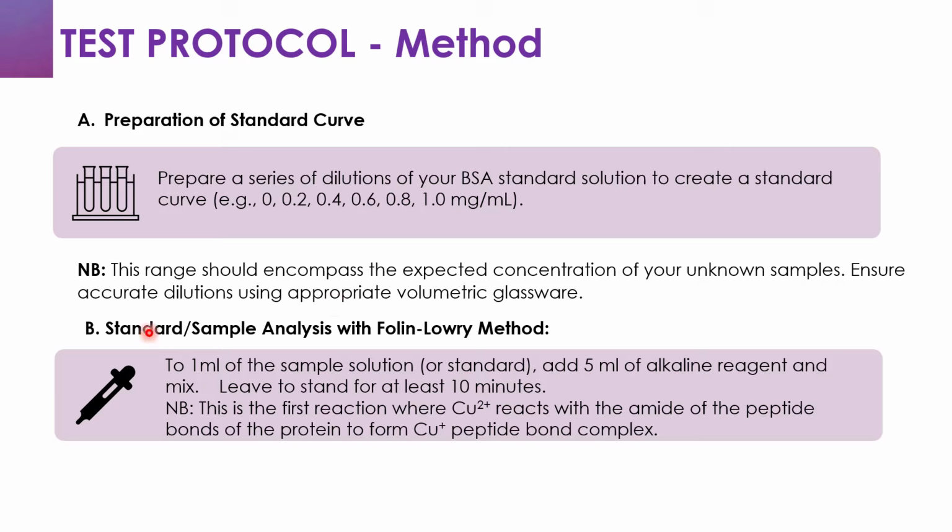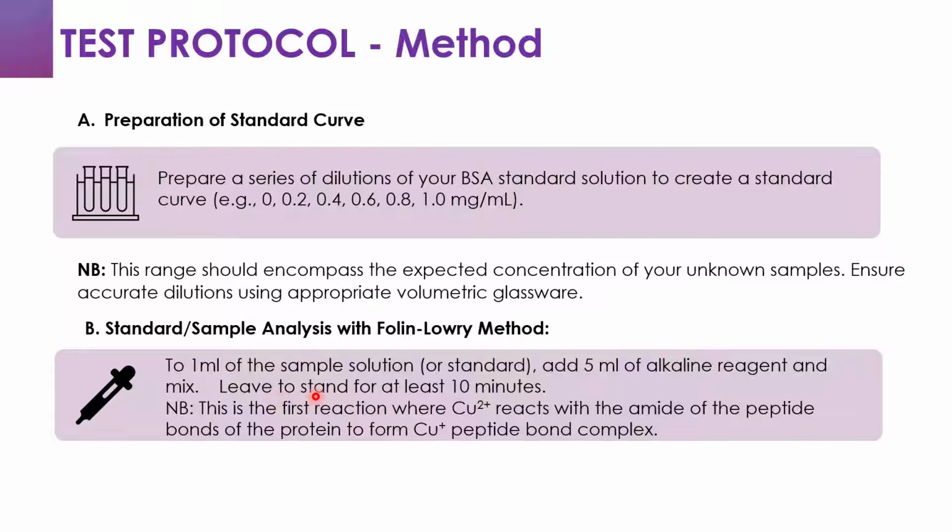Now the next thing is to perform the Folin-Lowry method using your standard or your sample. So to do this, we add 1 ml of our test solution or sample to 5 ml of alkaline reagent and mix.